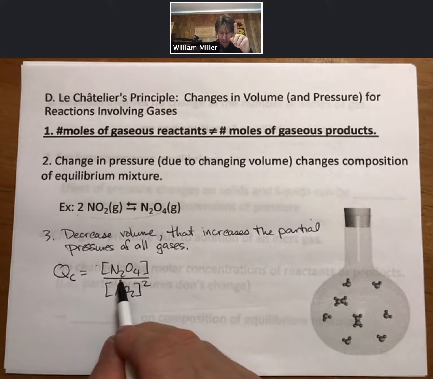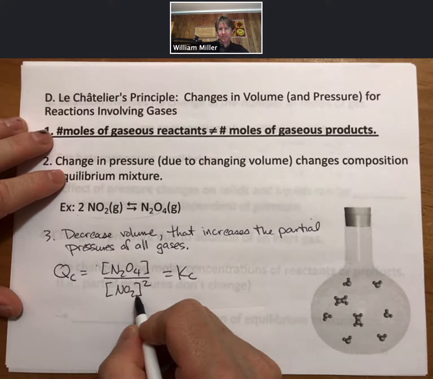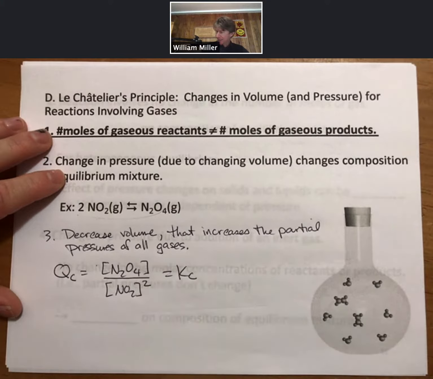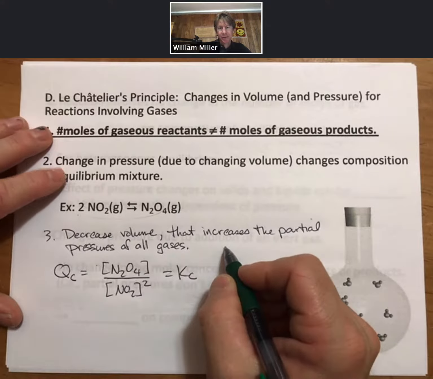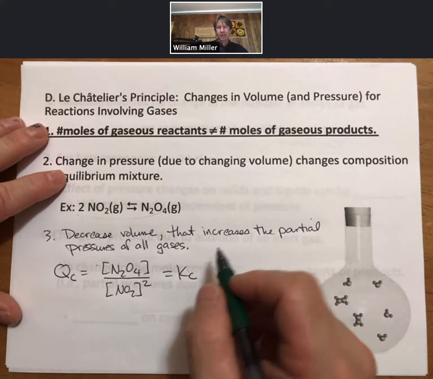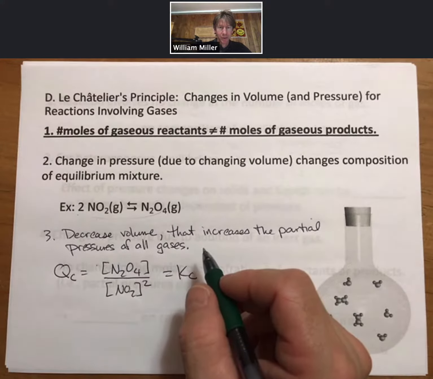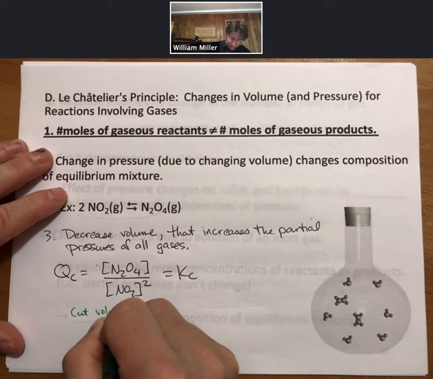So Qc equals 1, and we're at equilibrium. Then we decrease the volume and increase the partial pressure to double all of the partial pressures. So, cut volume in half.